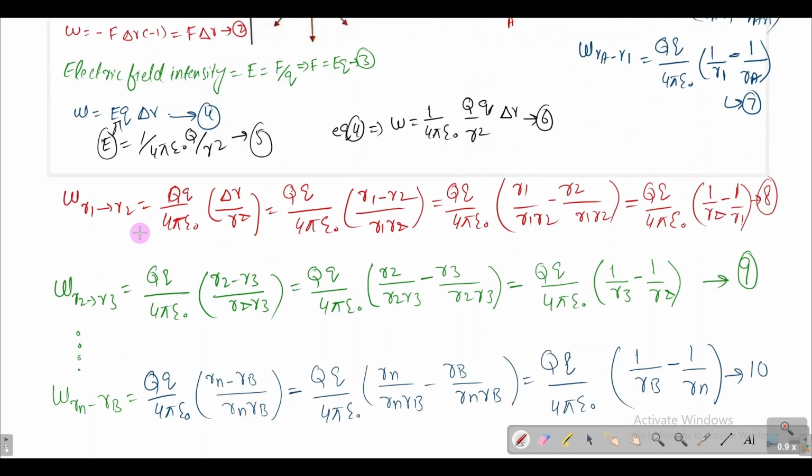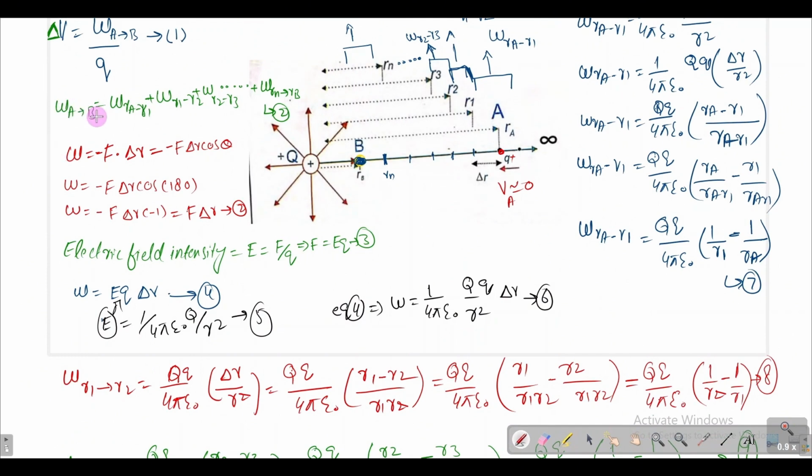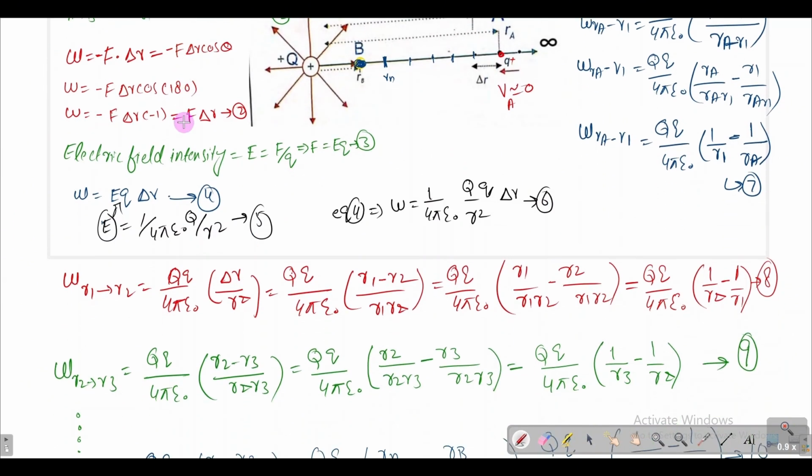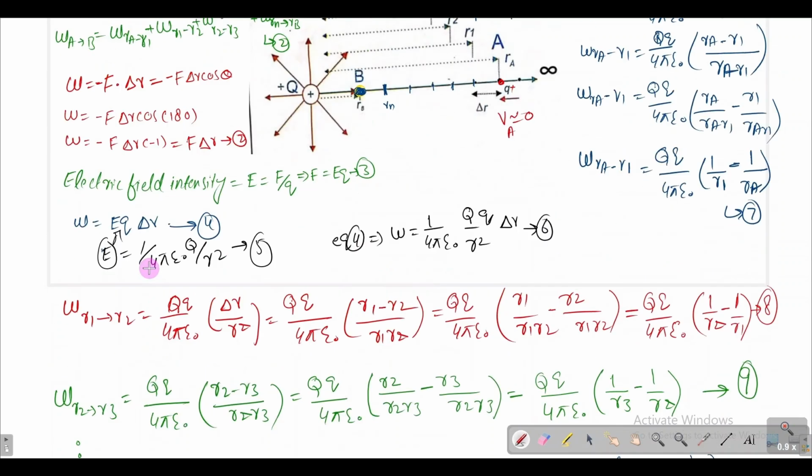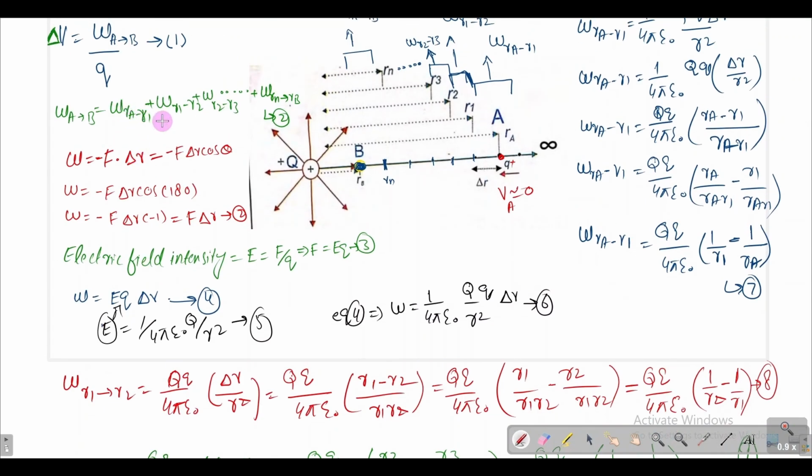Equation 2 implies that the work done from A to B is equal to the work done from A to R1, and this is given by equation 7. This is the work done from A to R1.